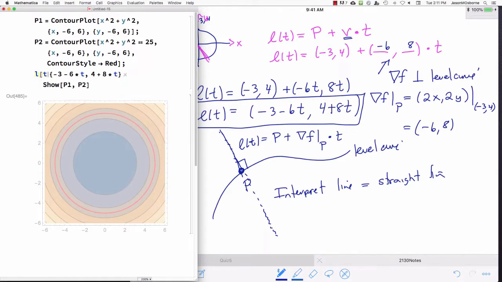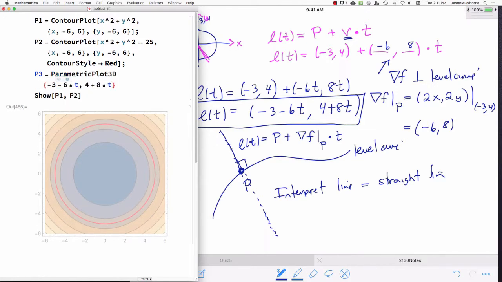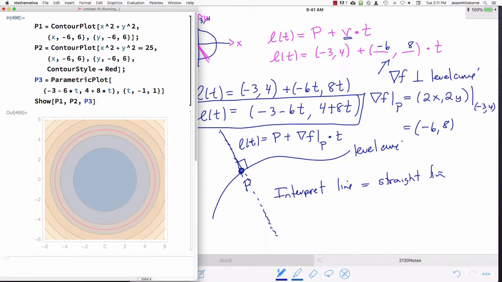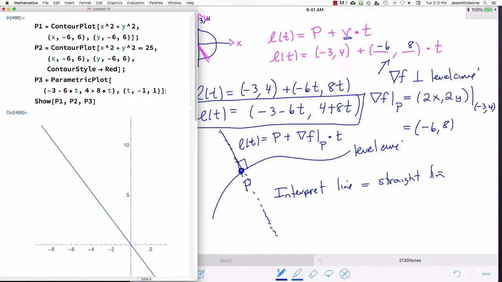I'll call it plot 3, and we'll parametric plot this thing. Let's plot this from just a small amount of time so we don't go off the screen too much. And let's look at P3.